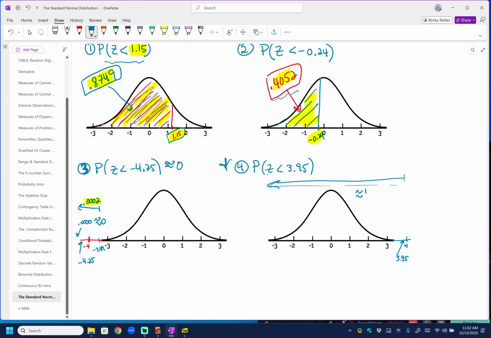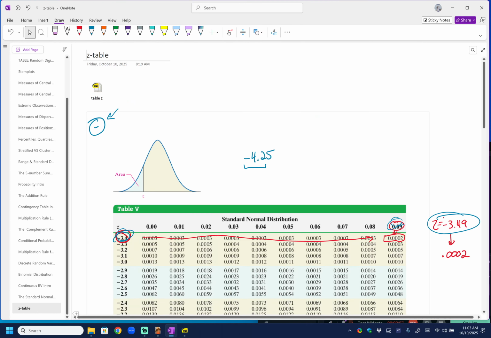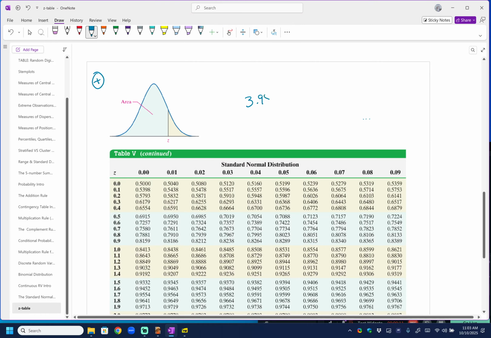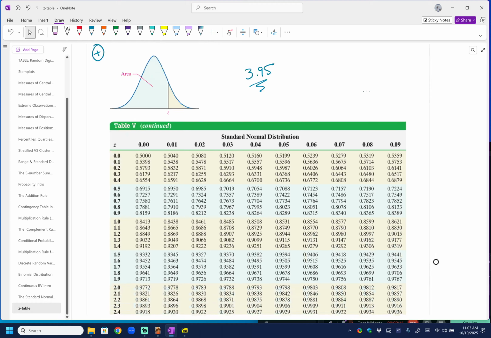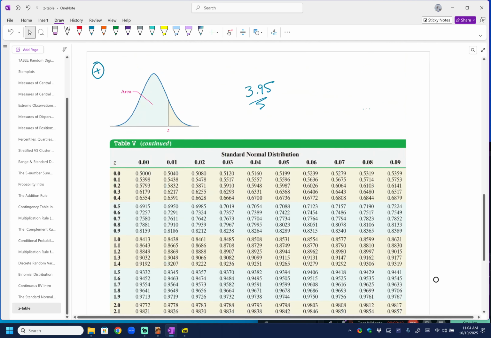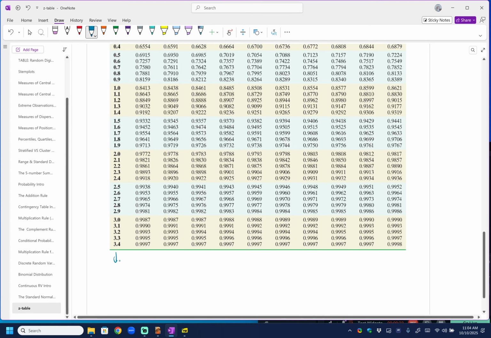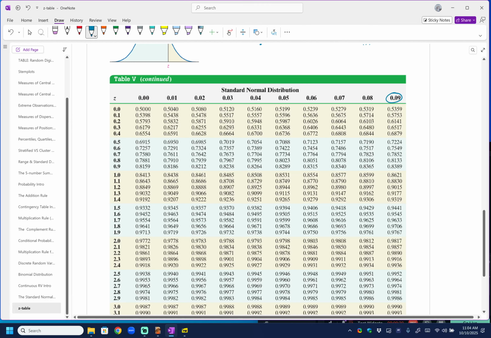So clearly you'll notice that I did that logically. I didn't even go to the table, but the table should back me up. If I go to the positive side, 3.95 is the z we're looking for, right? Well, I'm going to try to find 3.9 on here. Well, 3.9 doesn't exist. It's down here somewhere. So what is the highest value? It's positive 3.49, just like negative 3.49 was the lowest.